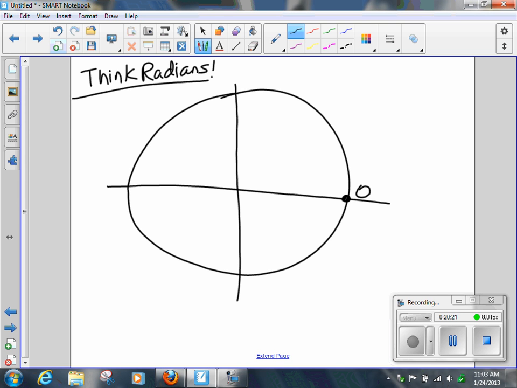If I don't move my angle and we don't rotate it at all, how many degrees would it be? 0, right? 0 degrees, or 0 radians. And what's that terminal point, by the way? 1, 0. You're right. 0 radians is equal to 0 degrees.